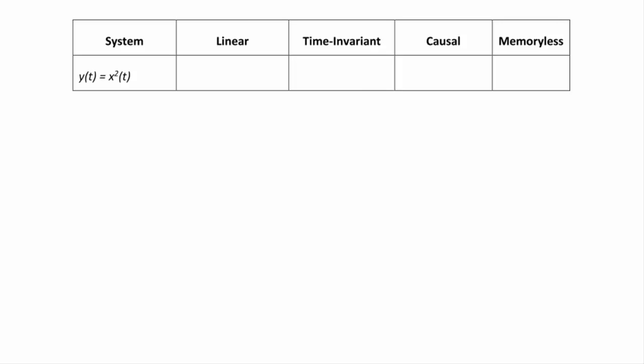Okay, let's try another example. If the system description is y of t equals x squared of t, that means that the function states that whenever you have an input x of t and it goes through the function, you square the input.